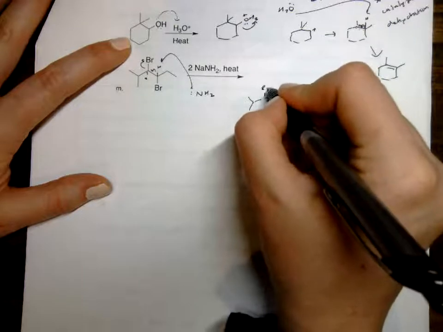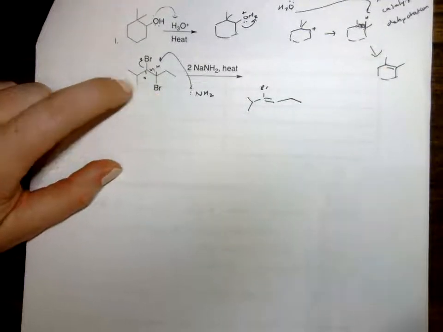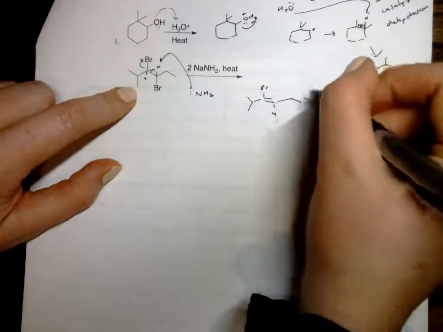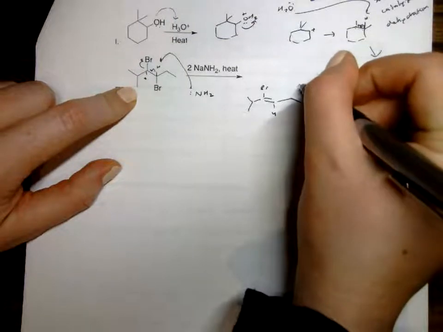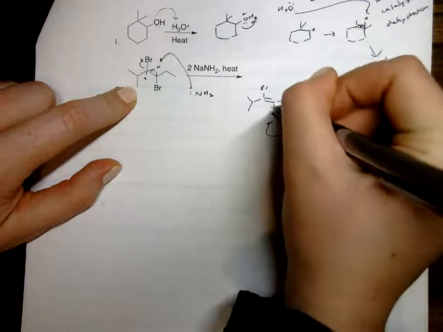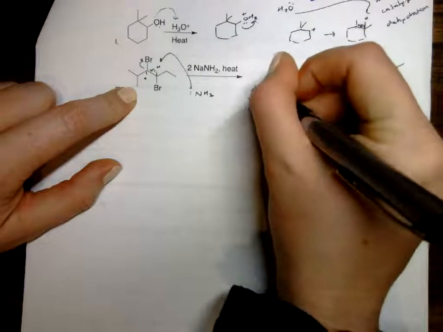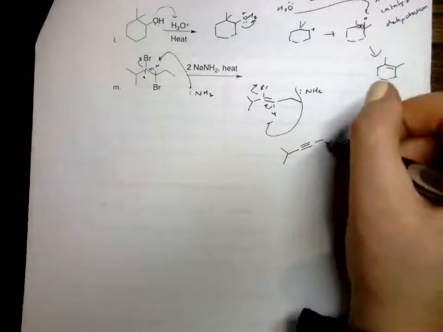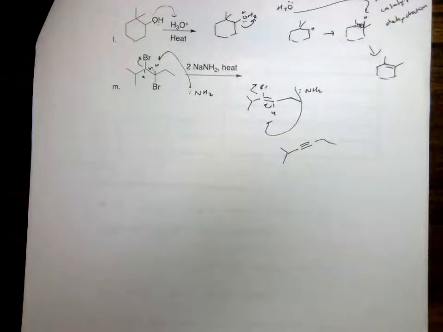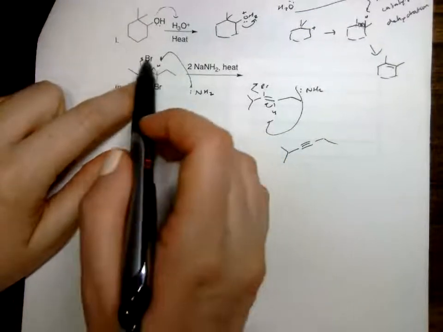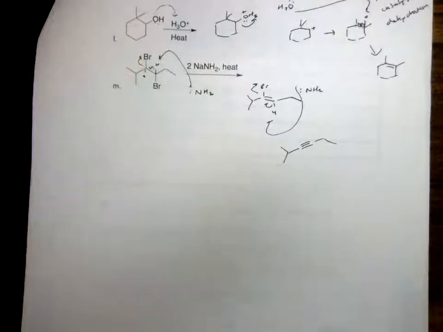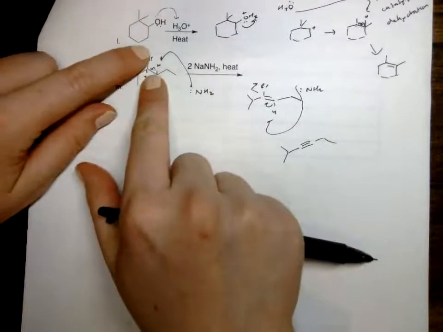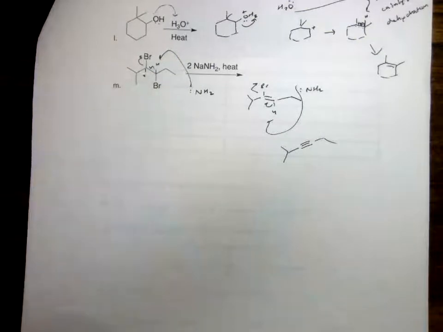It doesn't matter which one goes first, but it'll take the hydrogen and one of the bromines, and then it does it again because there's 2 equivalents. So it takes that hydrogen, the electrons go there, the bromine leaves, and you get a carbon-carbon triple bond. So it basically does 2 eliminations in a row. I realized I drew the wrong bromine had departed, but it doesn't matter either way. It'll kick out a hydrogen and bromine and a hydrogen and bromine to end up in a triple bond.